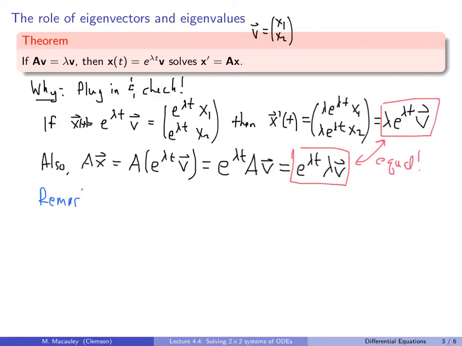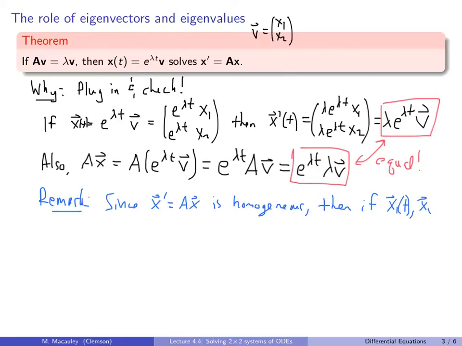Remark: since x prime equals Ax is homogeneous, then if x1 of t and x2 of t are solutions, then so is any linear combination of them.